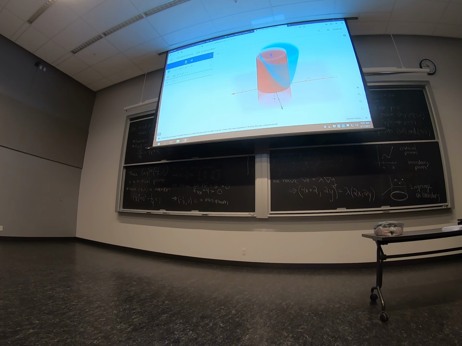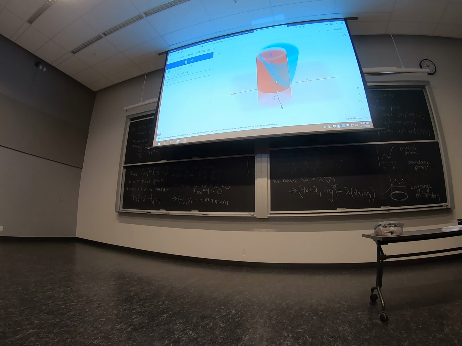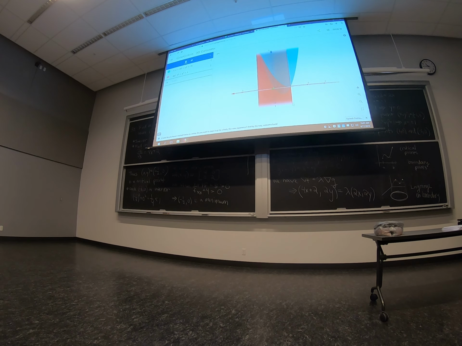Okay, so the blue paraboloid represents the changing objective function. So when the objective function is very big, it has a point of tangency way up here. That's our max. And when the objective function is very small, it has another point of tangency, which is this guy here, this lower point.